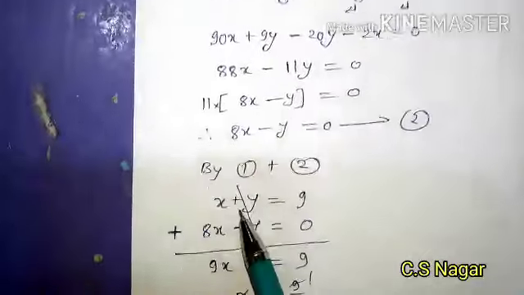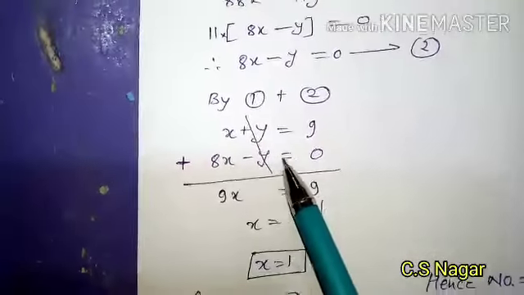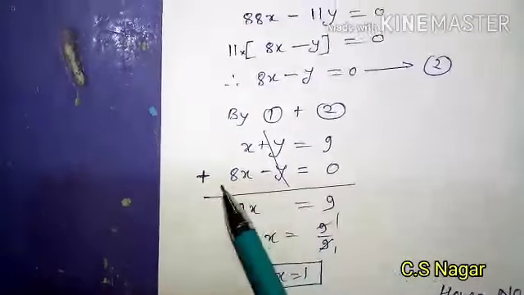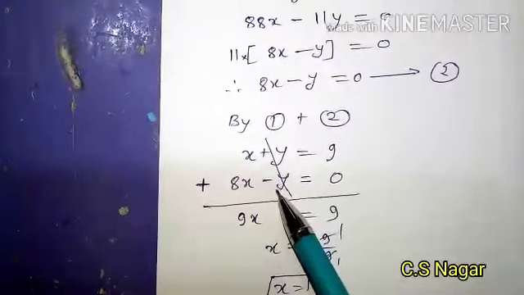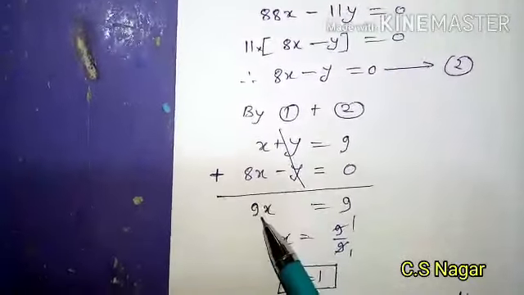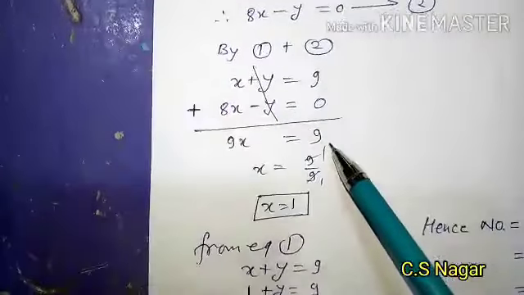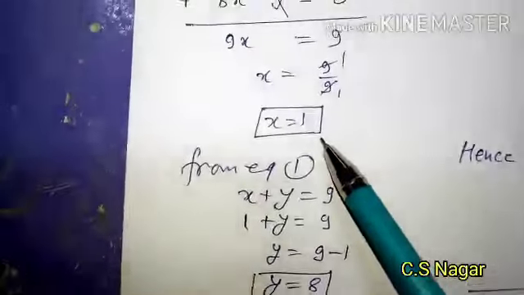The first equation is x plus y equal to 9, and the second equation is 8x minus y equal to 0. On addition, write a plus sign here. Plus y and minus y cancel out. 8x plus 1x is 9x. 9 plus 0 is 9. So x is equal to 9 by 9, it means x is equal to 1.